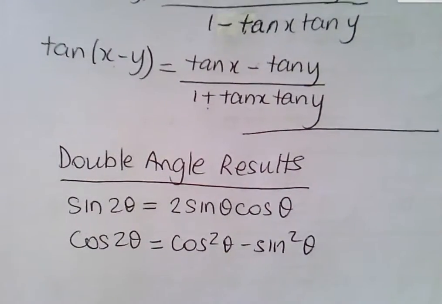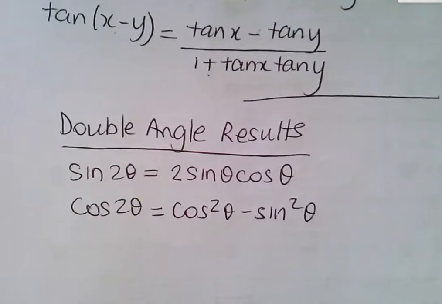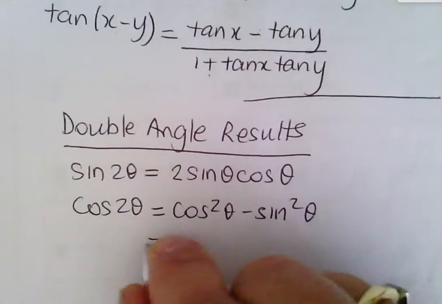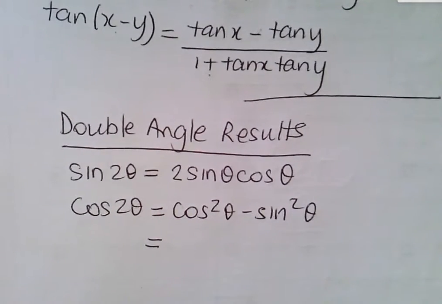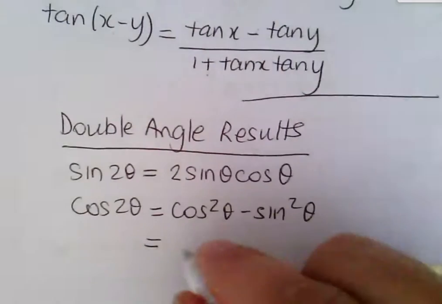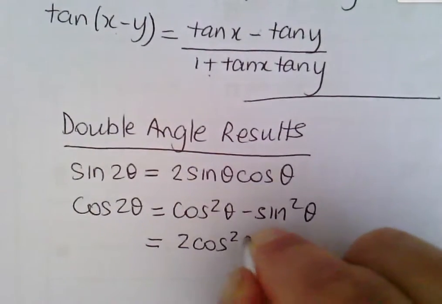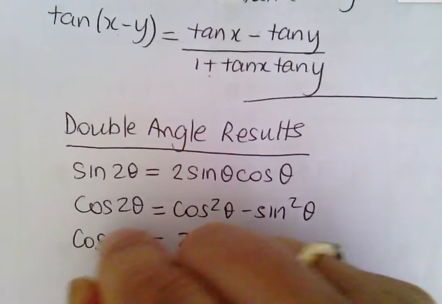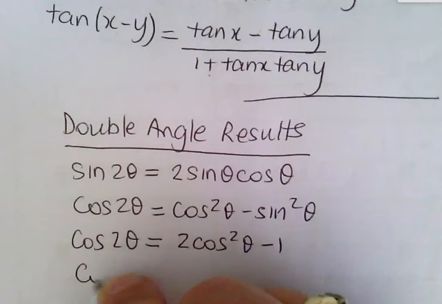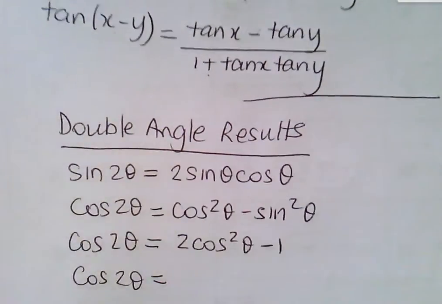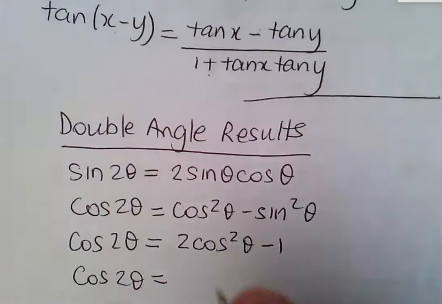Now, the way I remember it is, this is the cos double angle result, so you know how one of them's cos squared. So I remember it as being 2 cos squared theta minus 1. And the other cos 2 theta result, fantastic, is 1 minus 2 sine squared theta.